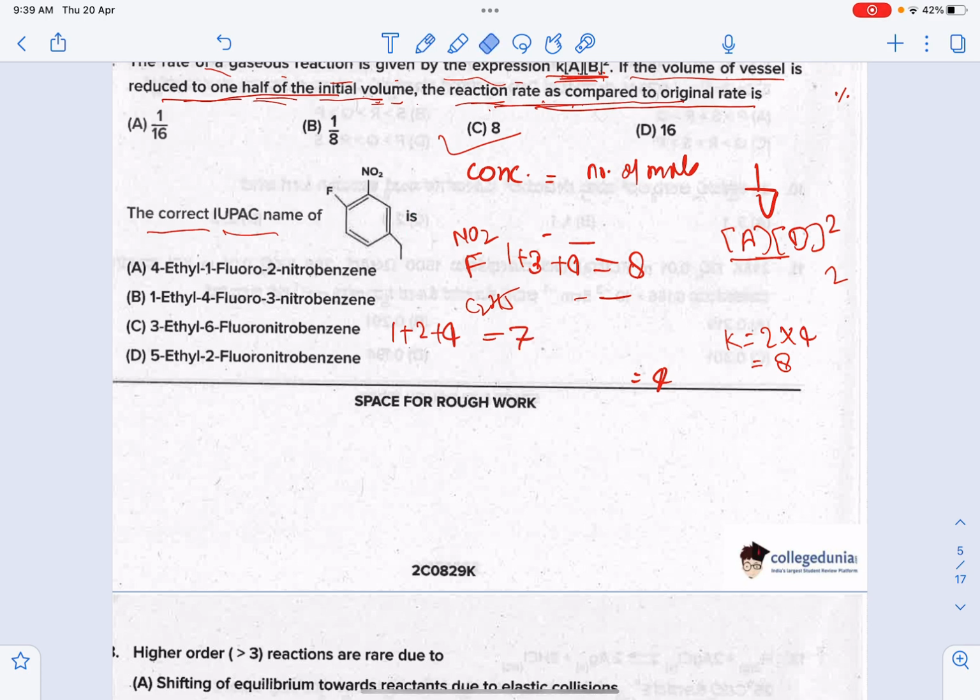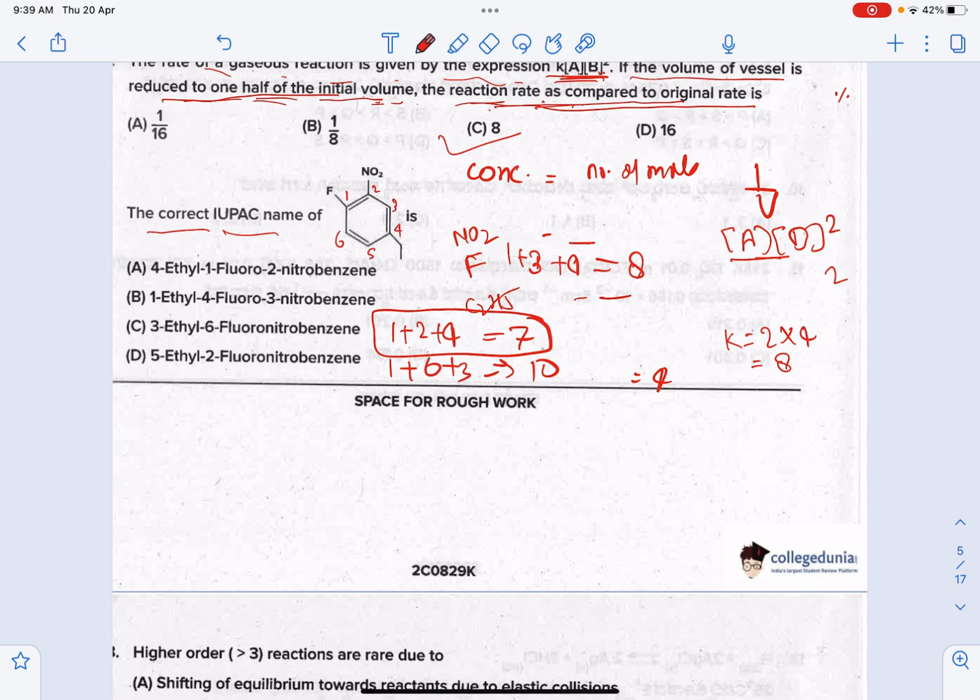One more way to give the numbering, 1 2 3 4 5 6, gives 1 plus 6 plus 3, which is 10. So the lowest numbering is this one, which we got as 7. So we will give the numbering from here, 1 2 3 4 5 6.